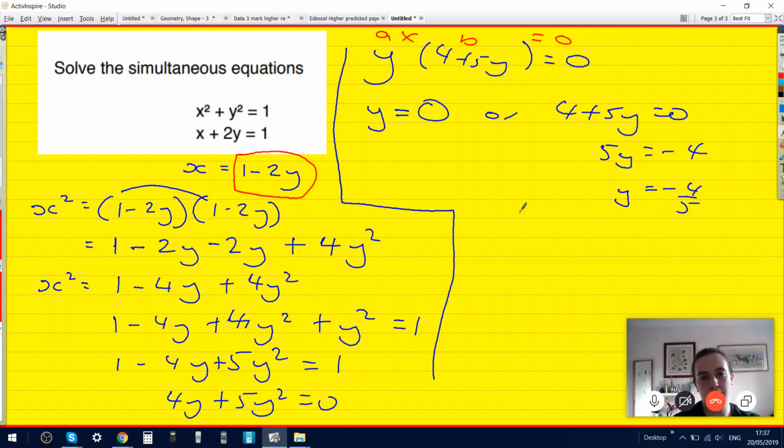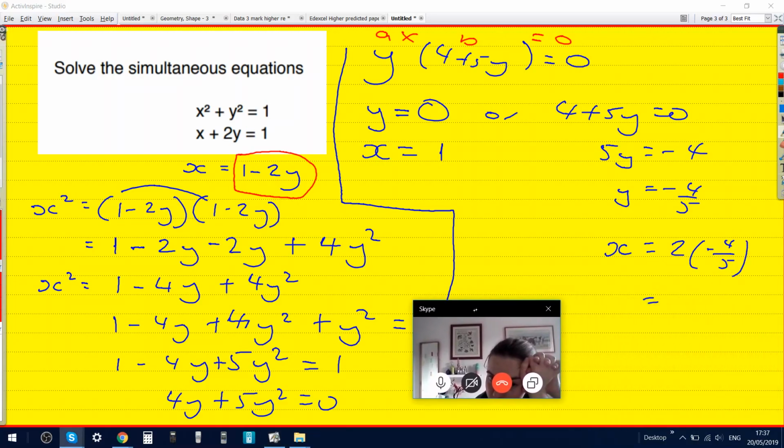Then x plus 0 equals 1. So x equals 1. Or x equals 2 times minus 4 over 5 plus 1.